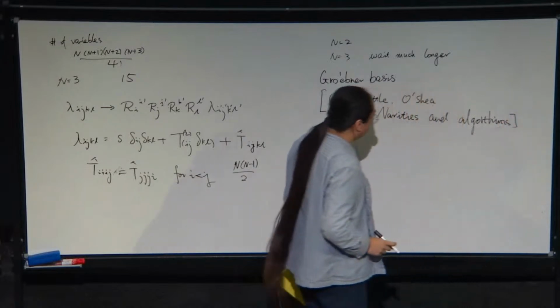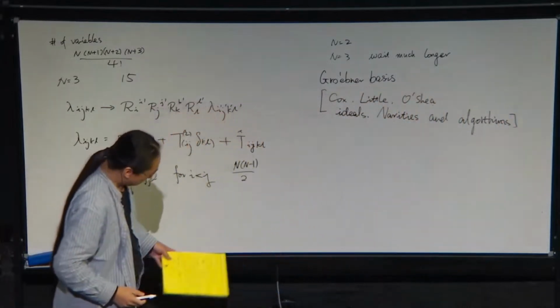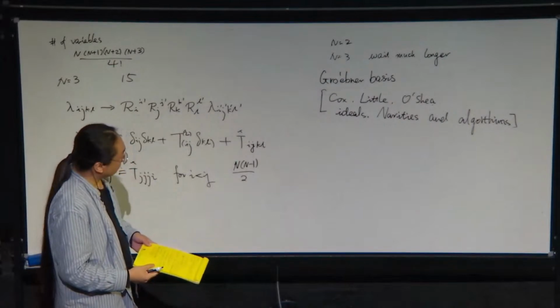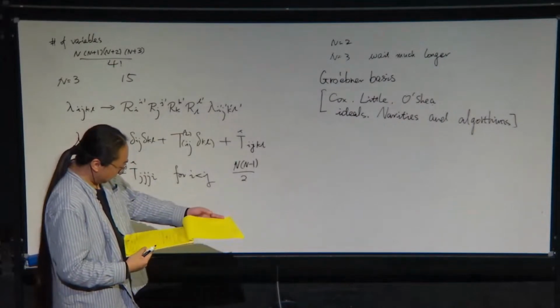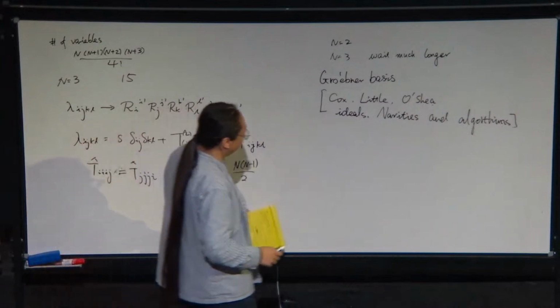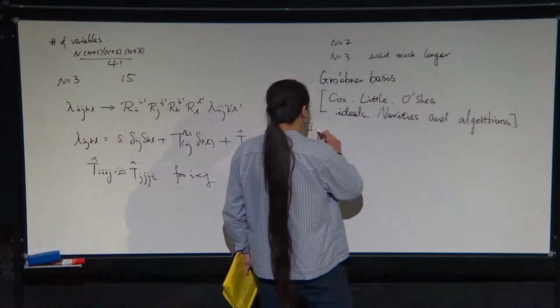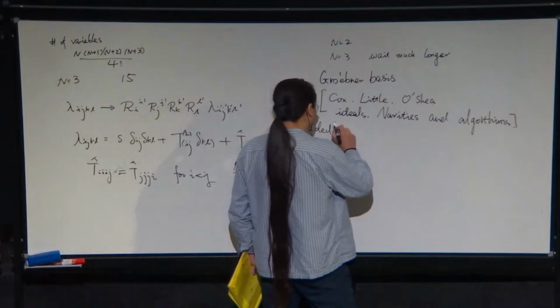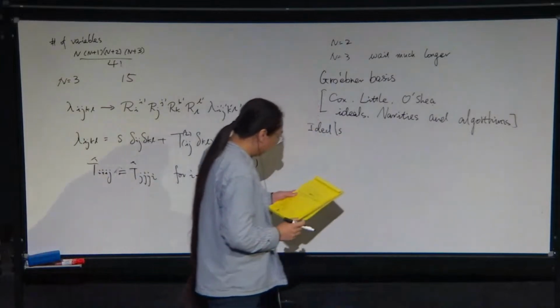It's a graduate level textbook in mathematics. And what it really does for you, well, let me first explain what ideals are. I mean, it might sound terrifying, but it's really nothing special.